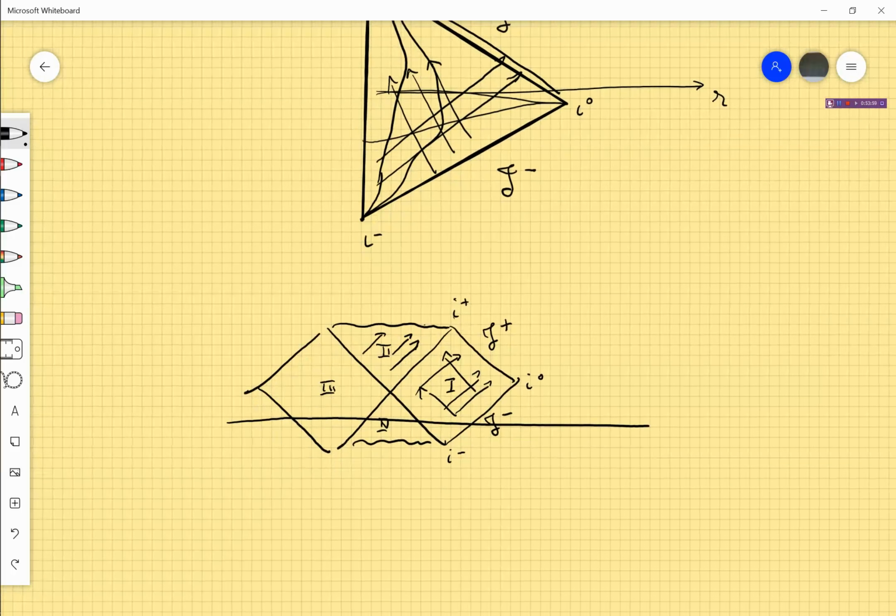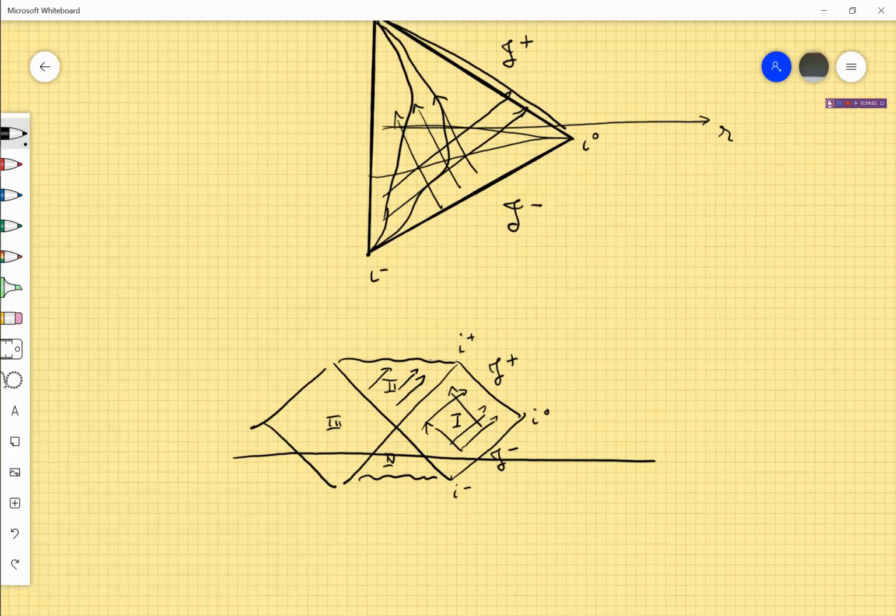People have tried to find local notions of horizon, local in the sense that you don't need to know the whole history, that you just need to know local properties of the gravitational field in the neighborhood of your putative black hole. But none of those definitions satisfy the very nice properties that the standard notion of horizon satisfies. And this is why they have not been adopted.